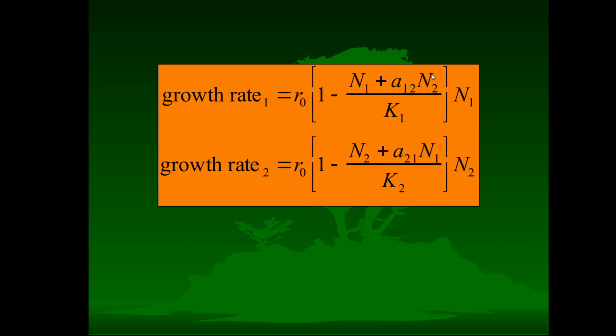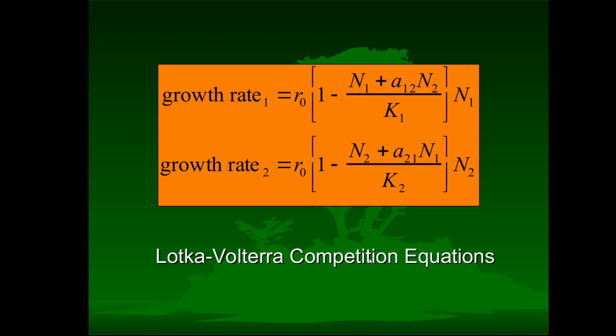Species n multiplied by its competition coefficient converts this number into an equivalent number of species 1 in terms of the effect on its limiting resource. So we just add this term into both to get Lotka-Volterra's competition equations. Okay, that's basically it.